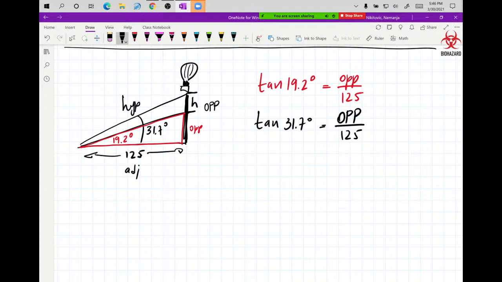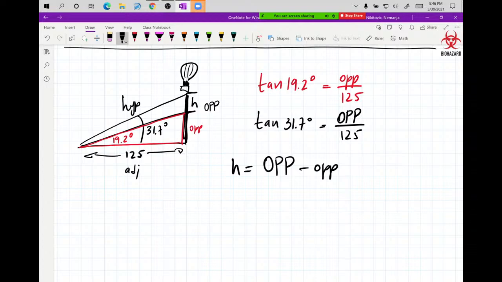And the height that we are looking for is clearly the capital opposite minus the lowercase opposite. Both of those you can calculate from the functions you wrote using tangents, right?